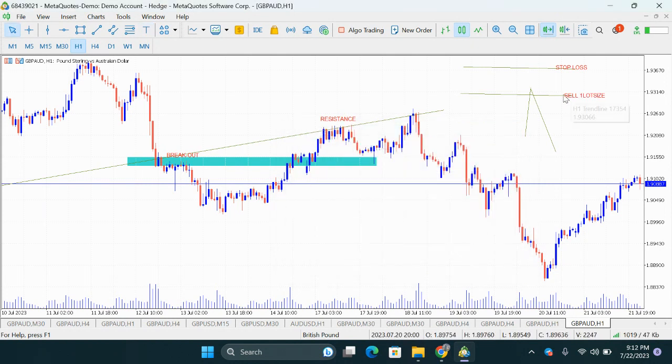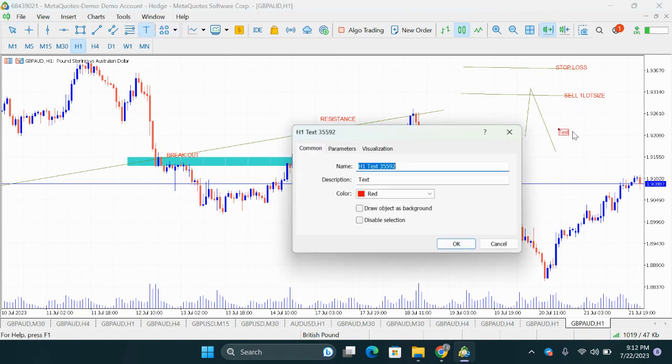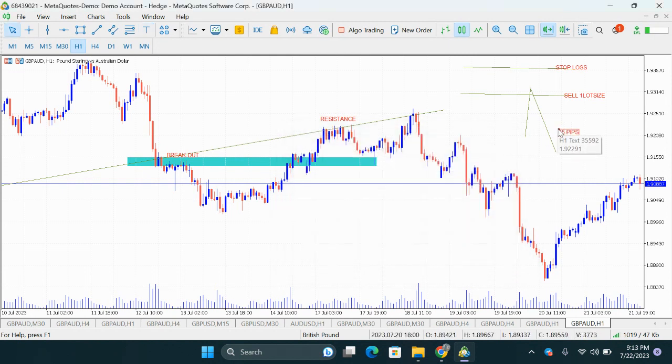So this is where you sold, and this is where you put your stop loss. Now the market traded into it and started selling. Let's say the market has dropped 35 pips in your favor because you sold. Market has dropped 35 pips up to this point.